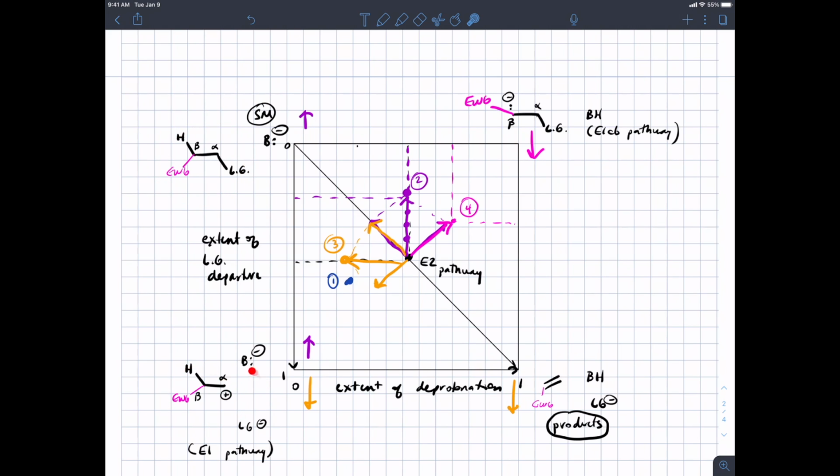Over here for the E1 pathway, that would probably be destabilizing. But fortunately, destabilizing this corner is the same as stabilizing this corner. It causes the marble to roll in this direction. Putting the electron withdrawing group here shouldn't do too much to the alkene stability. So the major change is just in this direction.